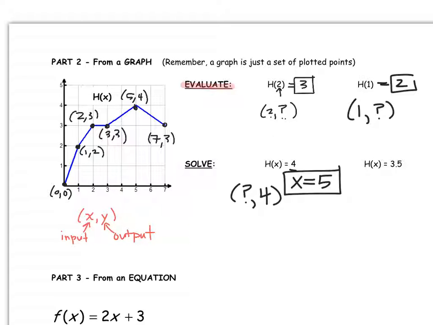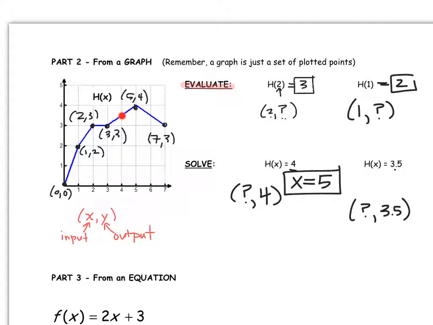All right, and then h of x equals 3.5. That means the output is 3.5 and the input is a question mark. Now, 3.5 isn't on any of my points because I only labeled the whole numbers. So let's find 3.5 on the output, the y-axis, in between 3 and 4, and let's go over to our grid.